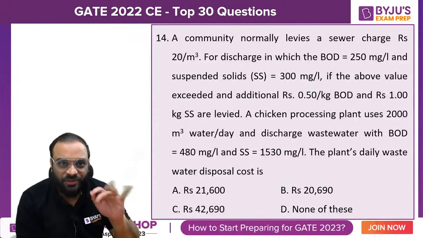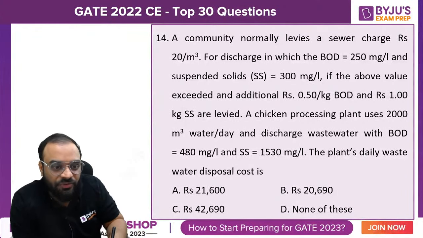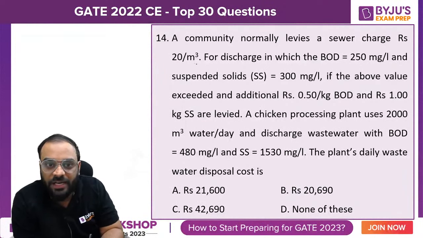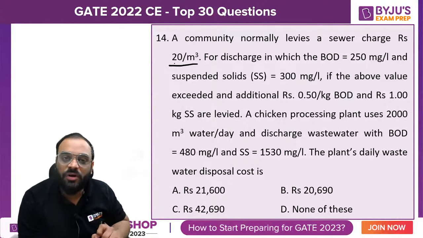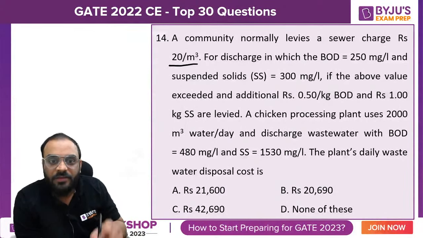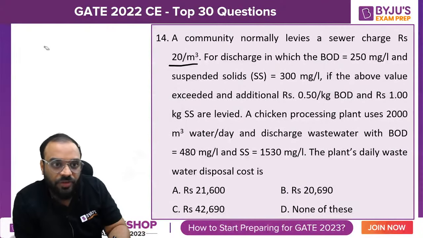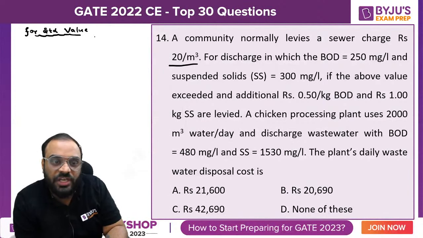So let's solve it. First I will try to calculate the rate which is applicable at this particular per meter cube of discharge. As per this particular condition, for the standard values, what is the cost for the discharge?